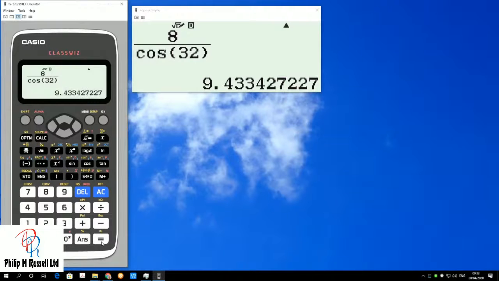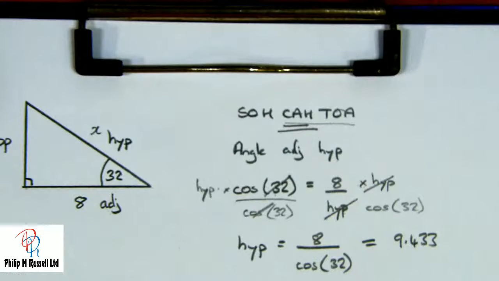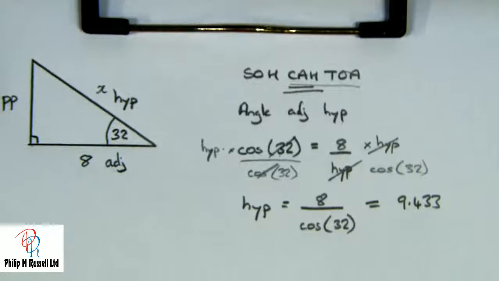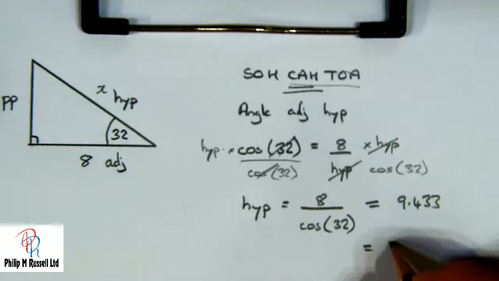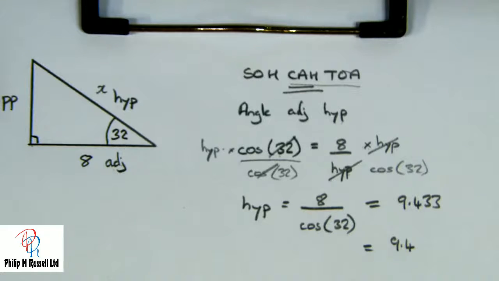And that's going to give me 9.433, and we're going to call that 9.4. We've had a look then at several versions trying to find sides. Let's see if we can determine an angle.